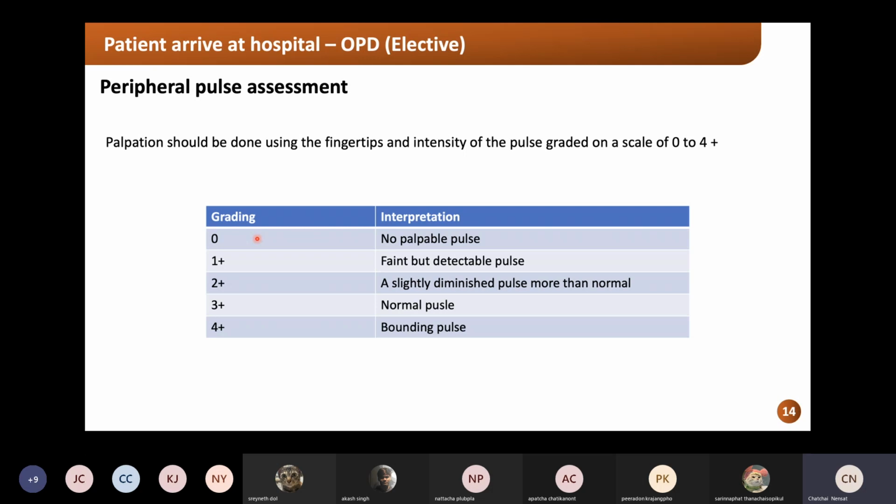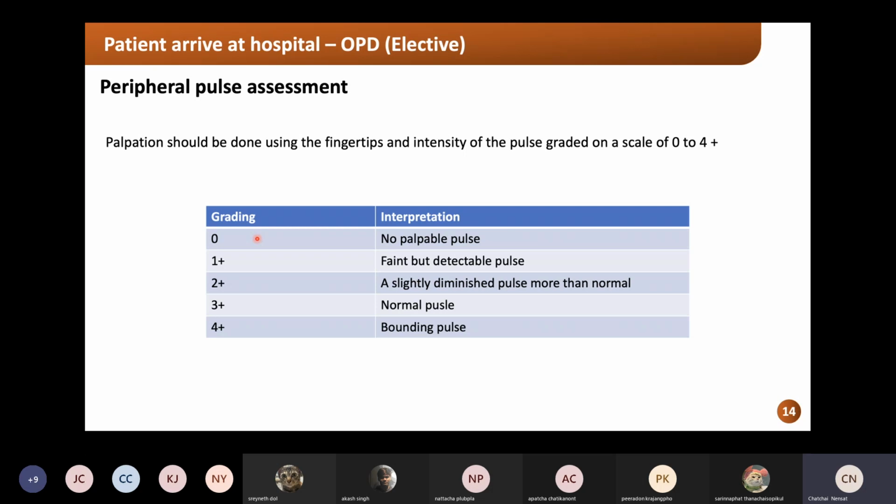And on the other hand, if you palpate the patient's brachial artery and you don't feel a strong pulse, you can grade it like 2 plus or 1 pulse. It just depends on your feeling of the patient's pulse. But if you don't feel the pulse at all, even when you ask your friends or the doctor to palpate and everyone considers there is no pulse at all, you might give grade 0 to the brachial artery in terms of peripheral pulse assessment.